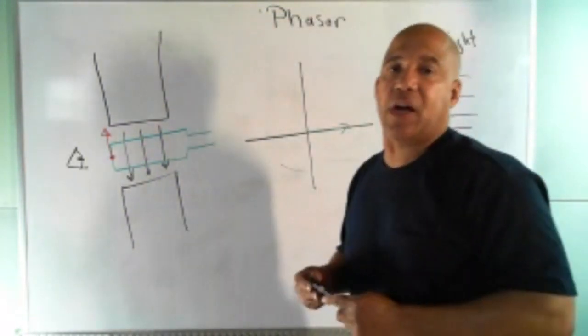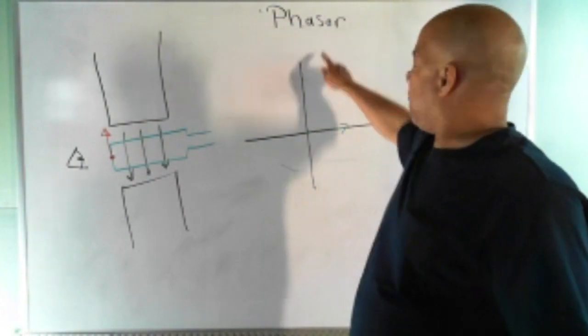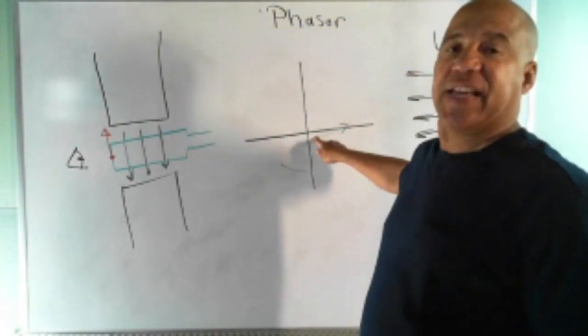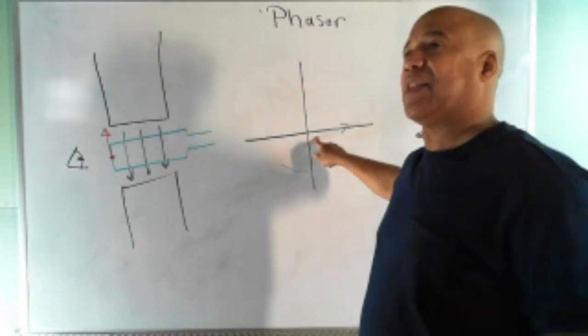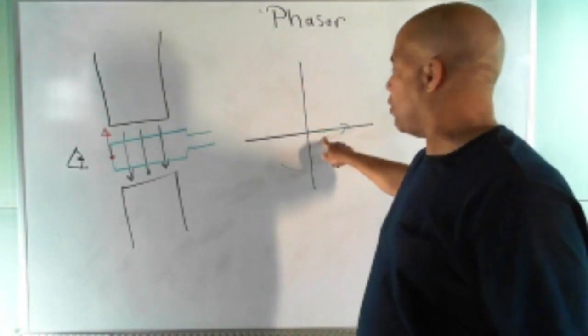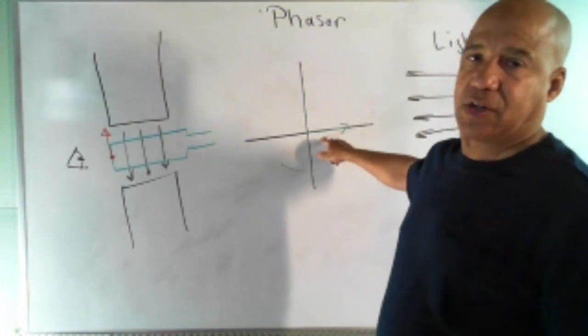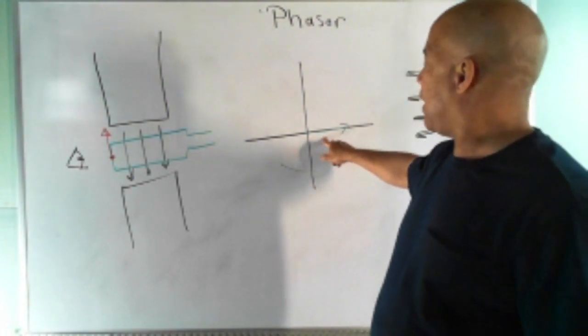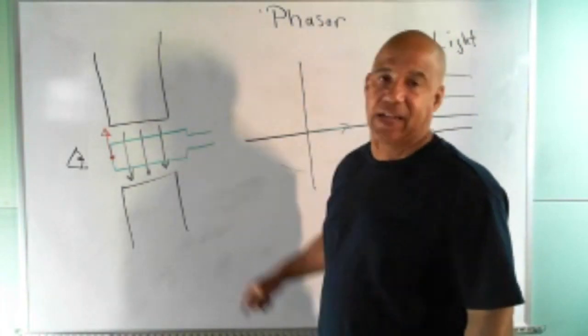By definition, a phasor is an arrow whose tail is fixed at the origin of a Cartesian coordinate system. Said another way, it's just an arrow stuck to an XY axis. And that shows the position of the coil in the magnetic field.